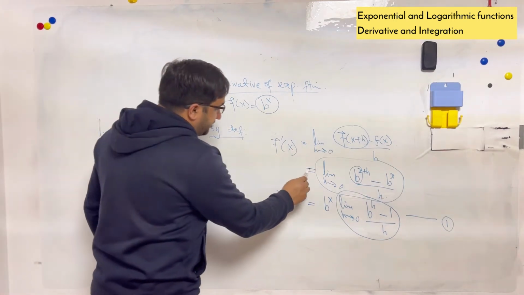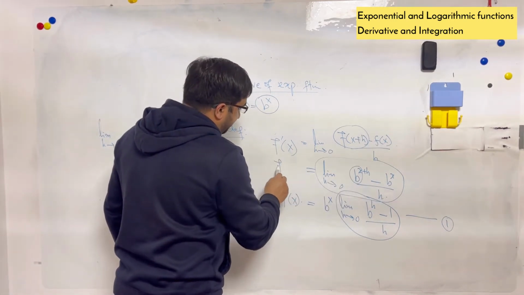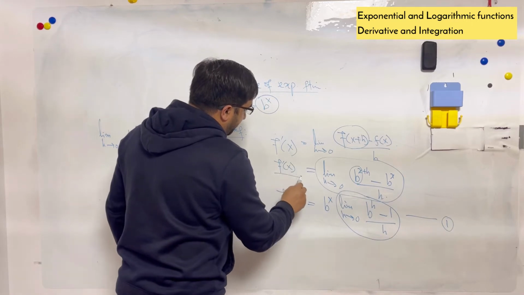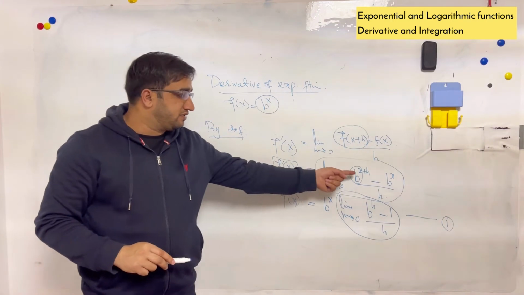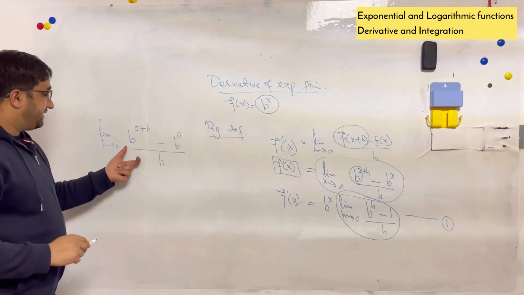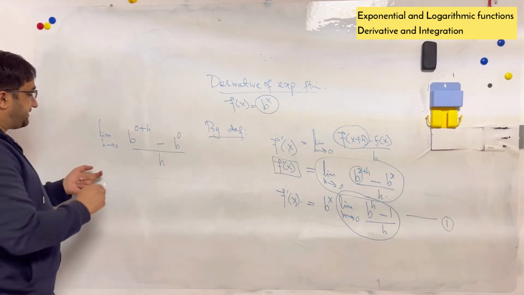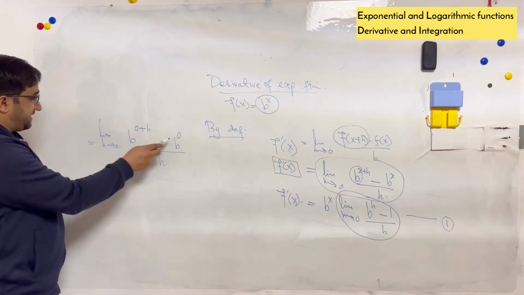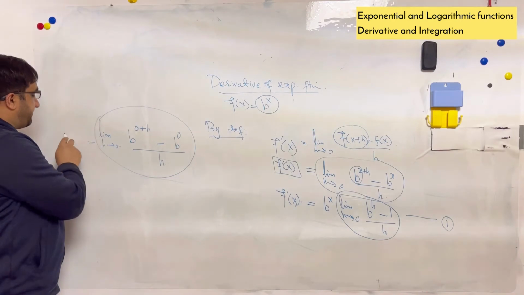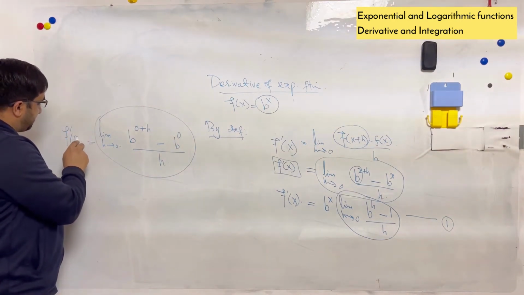And I told you that this is the formula for f dash of x. The formula for f dash of x involved x, and here, instead of x, it involves 0. So this is the derivative formula of what? Of 0.